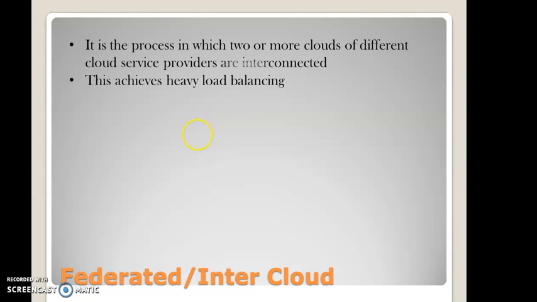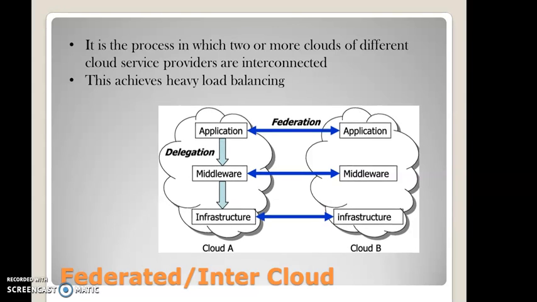Next thing that comes into the picture is the federated cloud or intercloud. So what exactly is cloud federation? Cloud federation is the process in which two or more clouds of different cloud service providers are interconnected.